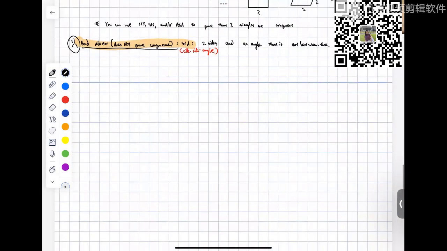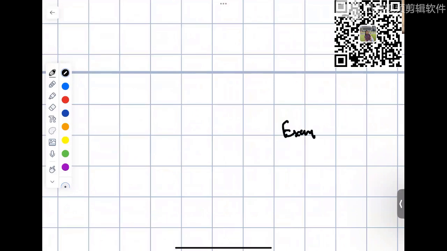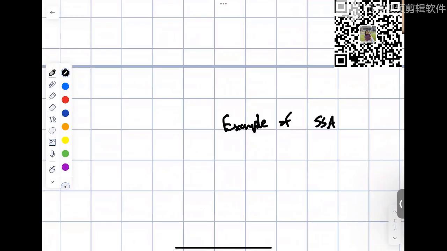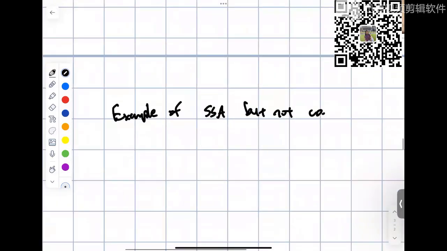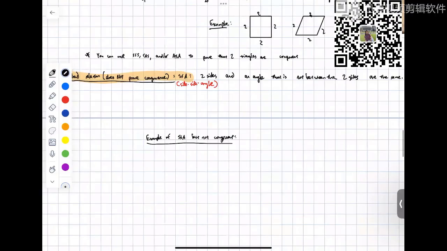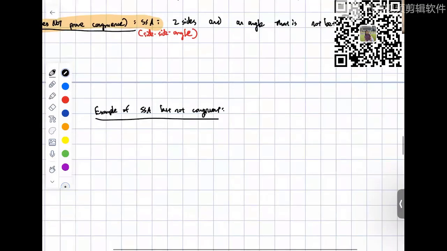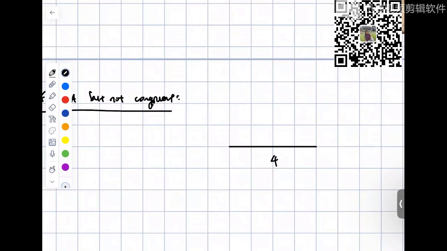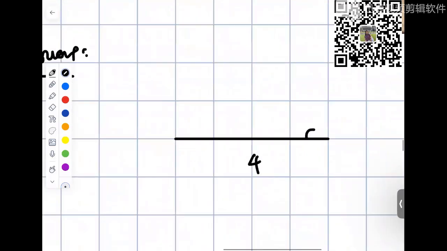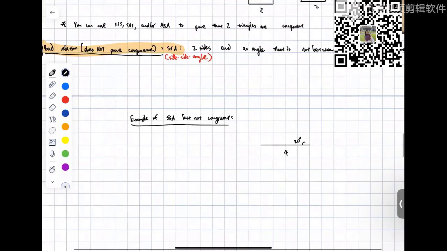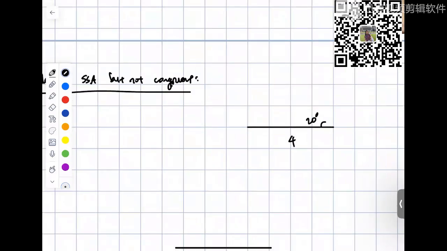And the reason this is so is I'm going to give you guys an example of SSA, but not congruent. Okay, so let's have this side be 4. And you want this angle to be about 20 degrees, right? And let's say you want a side to be about 3.